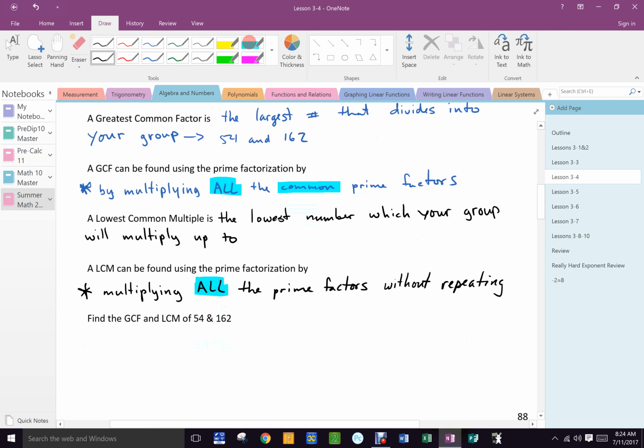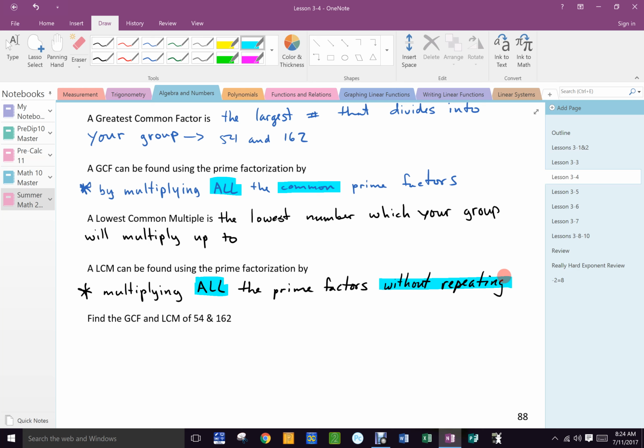So, here is what I mean. Please read the two definitions carefully. In GCF, you only use the common ones. In LCM, you use all of them, but you don't do any repeating. Okay? And here's what I mean by that.